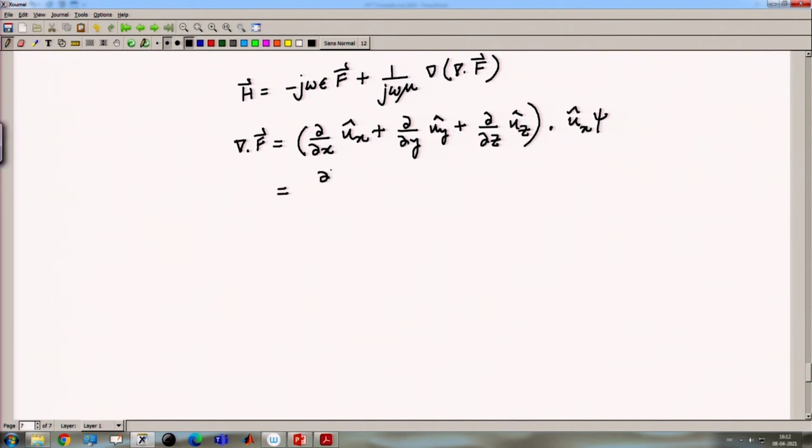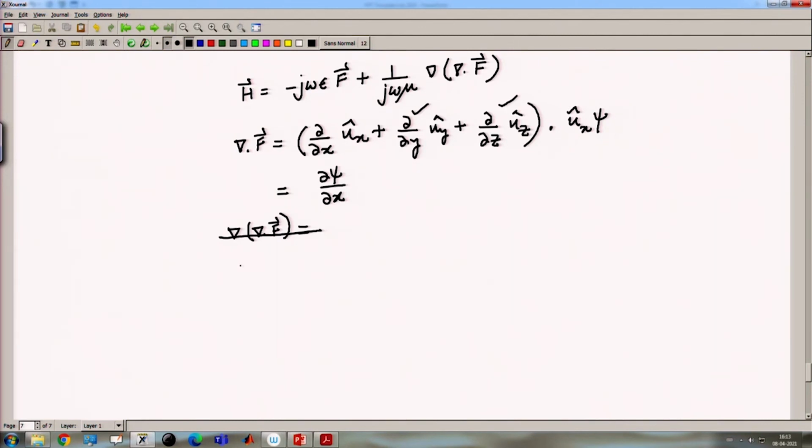That is del psi del x, because these two terms will not contribute anything. u y dot u x is 0, u z dot u x is 0.